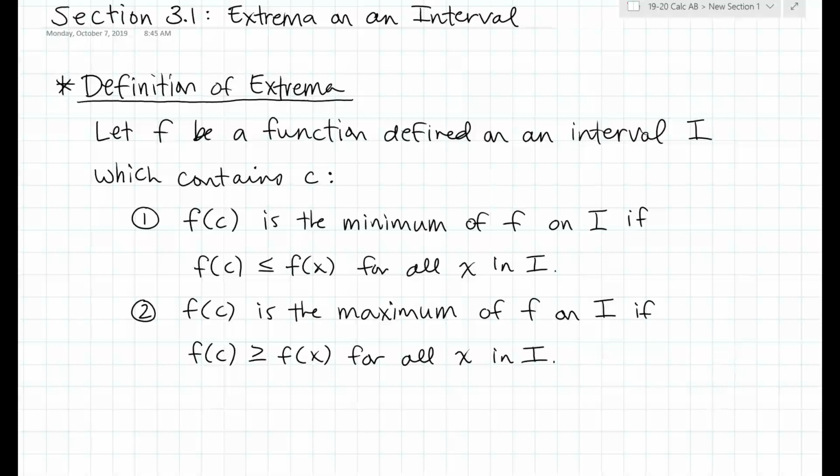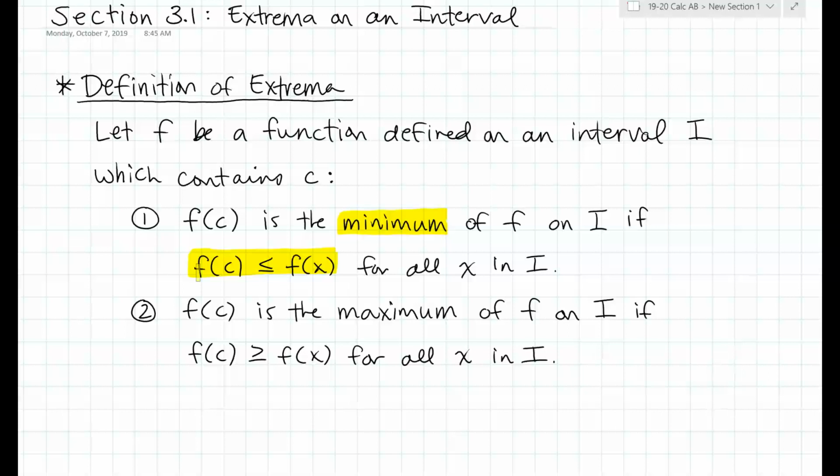The main things you have to focus on with minimums and maximums: for the minimum, f of C has to be less than or equal to f of x for all x. In other words, a point is a minimum if there is no other point smaller than it.